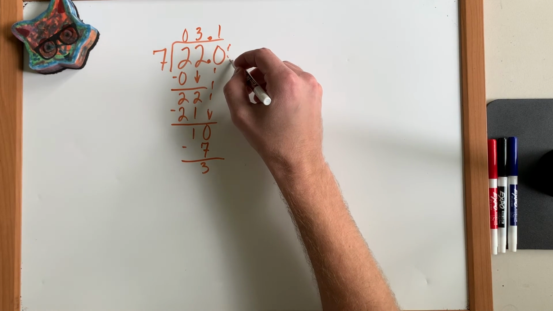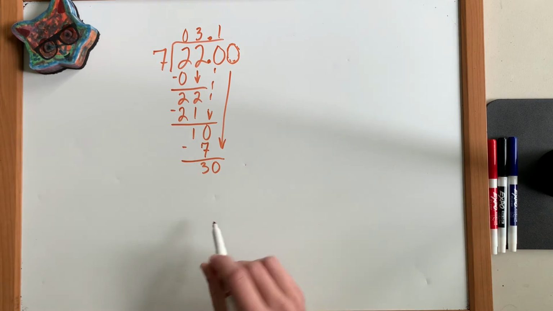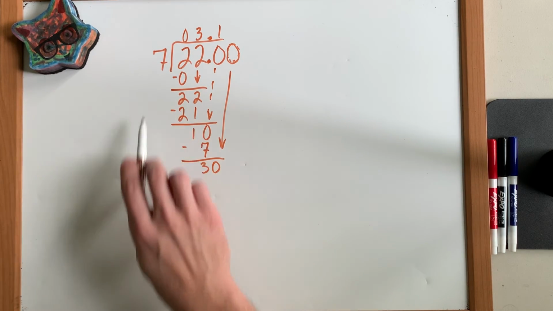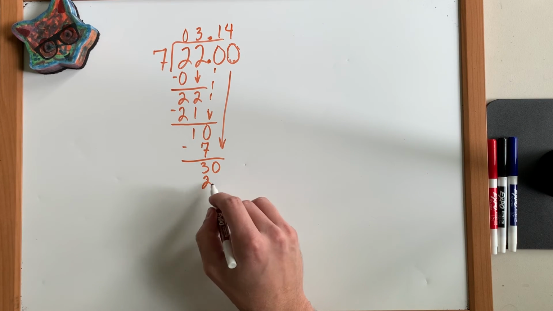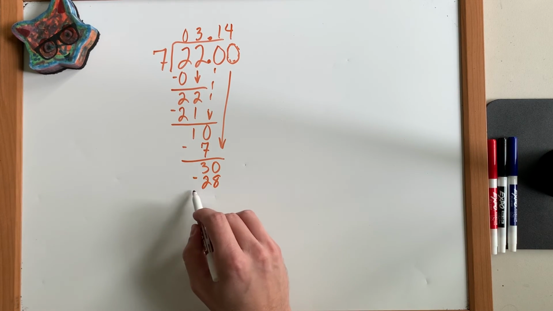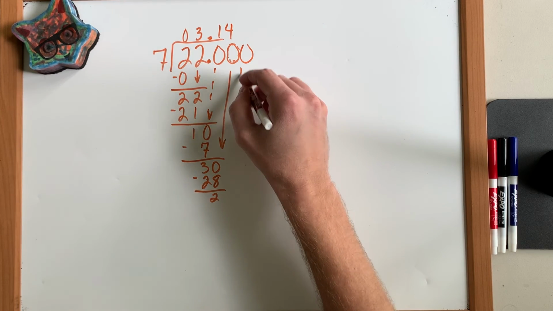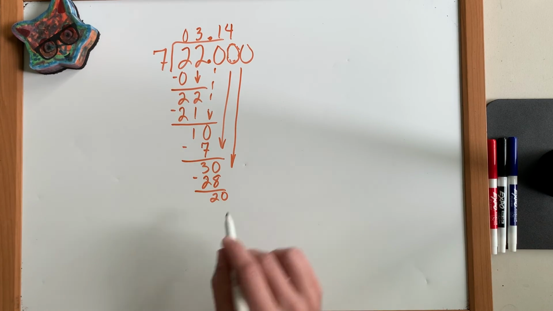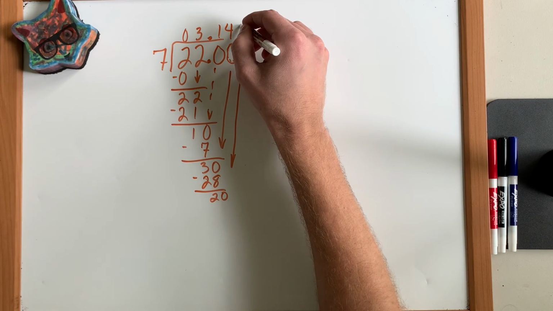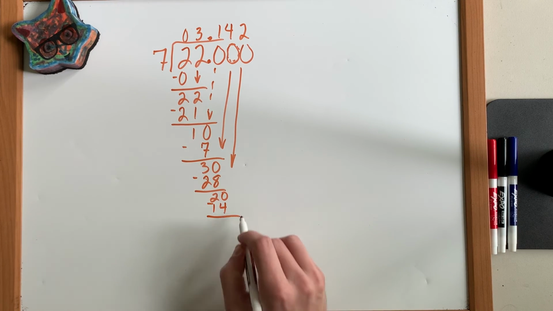Now I can add another placeholder 0, so that when I bring this down, I now have 30. 7 fits into 30 4 times. 7 times 4 is 28. When I subtract, I get 2. Add another placeholder 0 and bring it down. 7 fits into 20 2 times. 7 times 2 is 14.